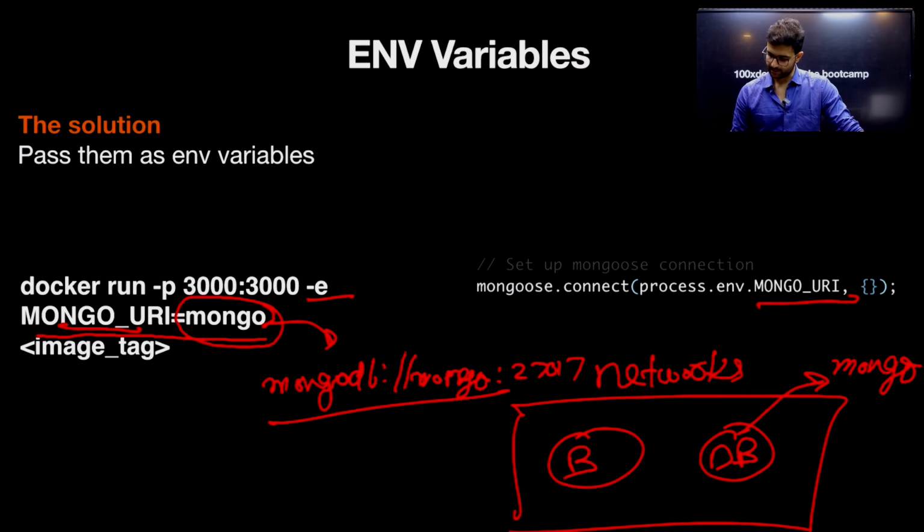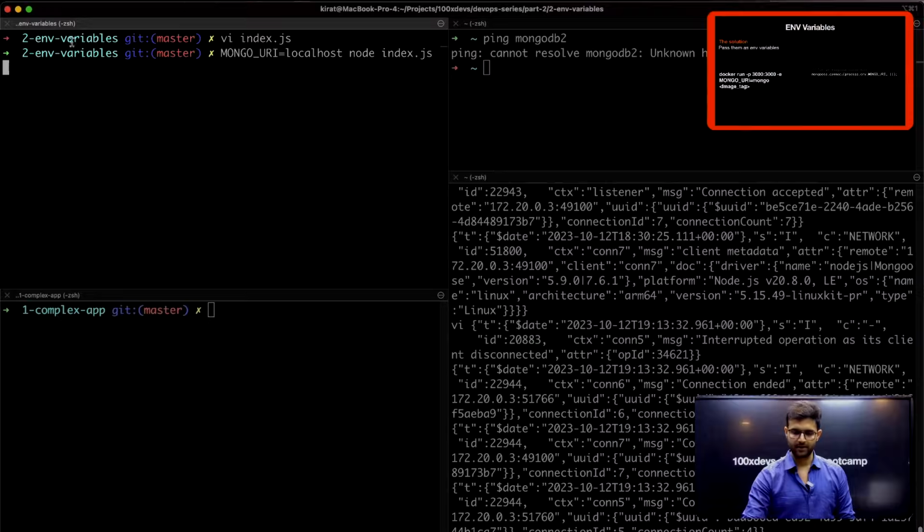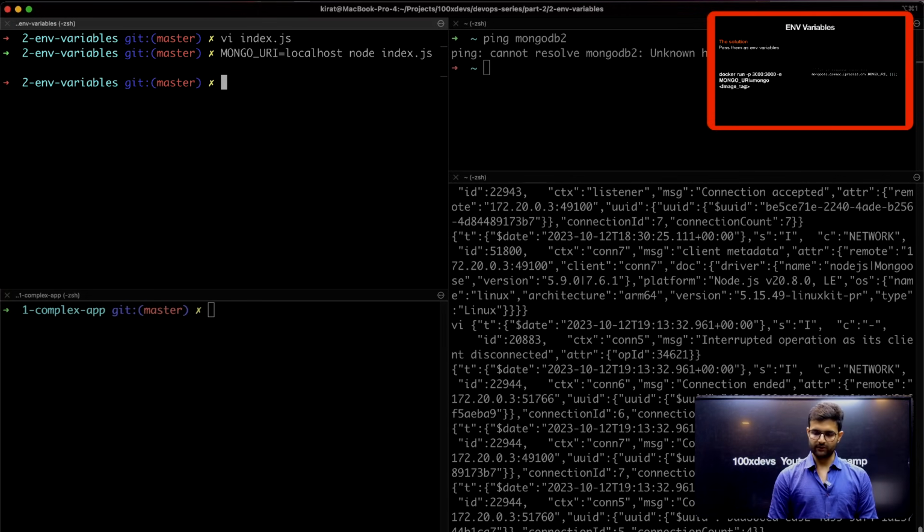So you can inject this environment variable from the outside rather than hard coding the URL inside the index.js file. So if I had to start this, what do I have to do? It's the same thing as before, docker run -p 3000:3000 -e MONGO_URI equal to, let's do localhost test.